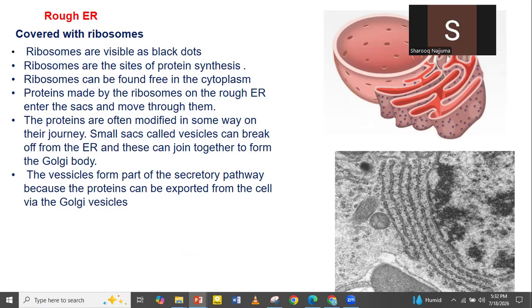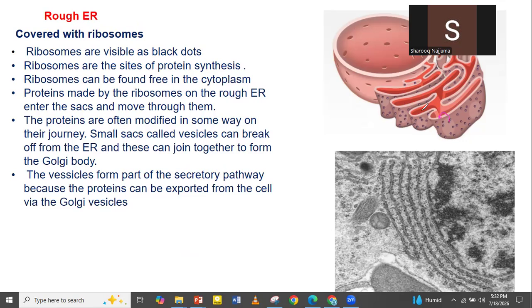Now, because it has ribosomes covering it, and ribosomes carry out protein synthesis, we can say that the rough endoplasmic reticulum carries out protein synthesis, or it manufactures proteins. And most of the time, once the proteins on the ribosomes have been made, those proteins can enter into these sacs and start moving through those flattened sacs. As the proteins move through the flattened sacs, the proteins get modified.